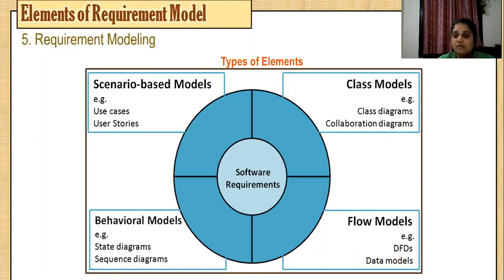But DFD is complementing all these UML diagrams with the knowledge of what is going in your system, what is the process happening in your system, and what kind of output your system is giving you. So all these things will be represented through a data flow diagram called a flow model or flow element of requirement engineering.